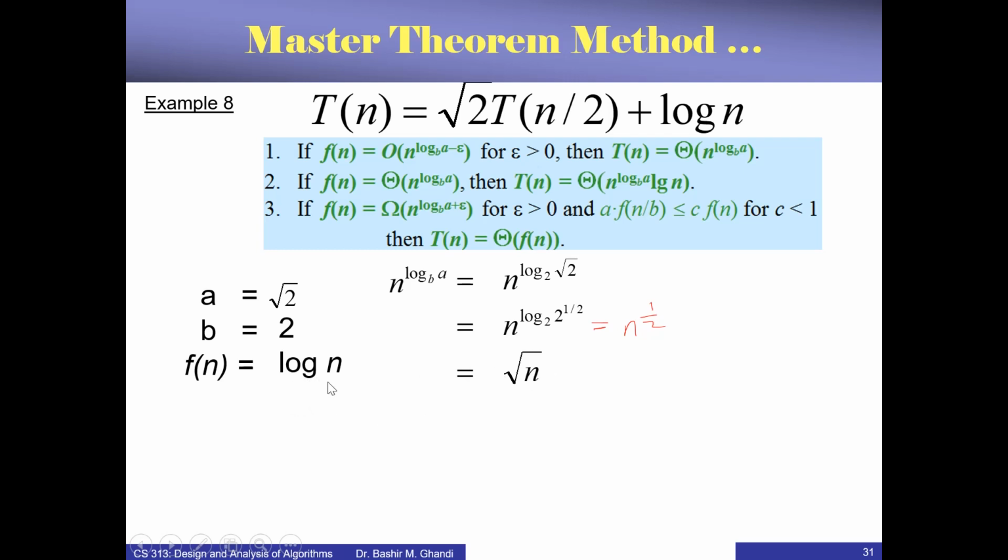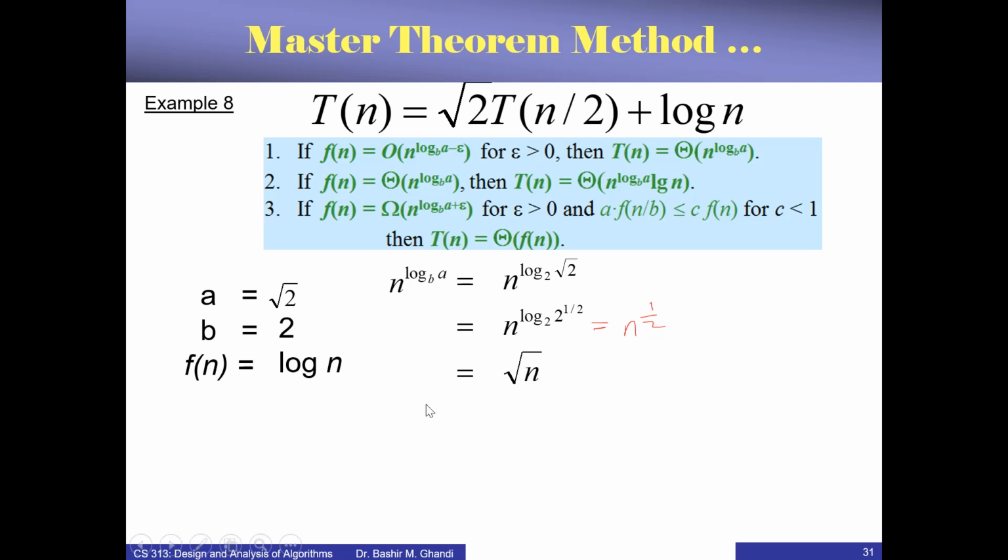Log is a very small function, a very slow growing function. Just take, for example, 100 and take the log to base 10. Log of 100 to base 10 is 2, but square root of 100 is 10. So the square root function is really much bigger.